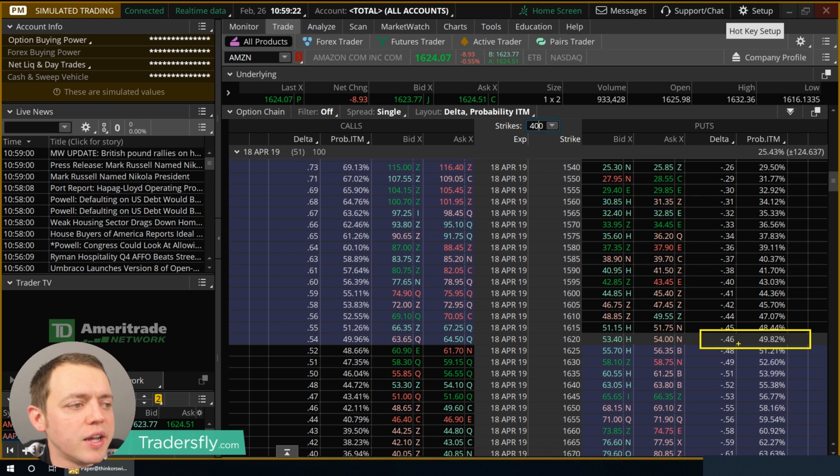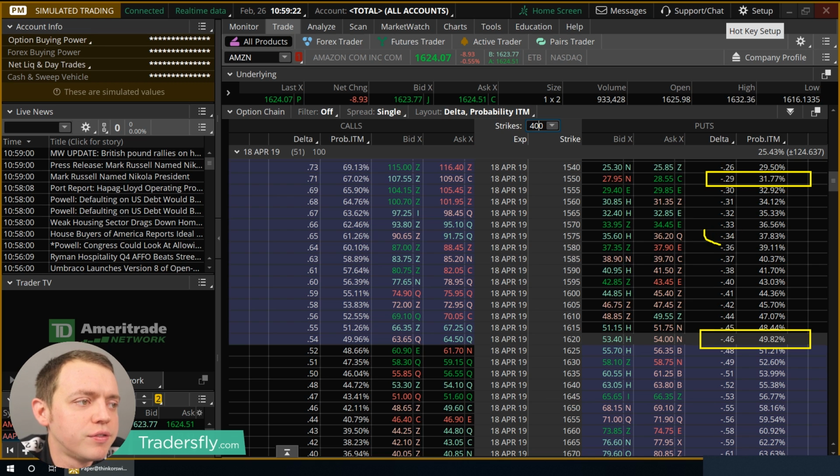Here we have a negative 0.46 delta, but we also have a 49.82% probability that this will be in the money at expiration. If you look at the 1550 on Amazon, you can see we have a negative 0.29 delta, but roughly a 31.77% probability in the money.